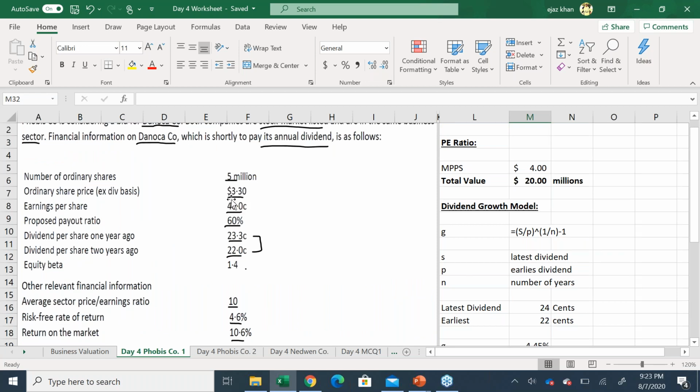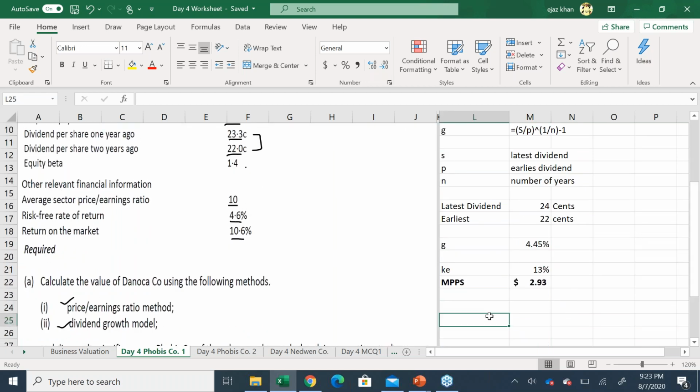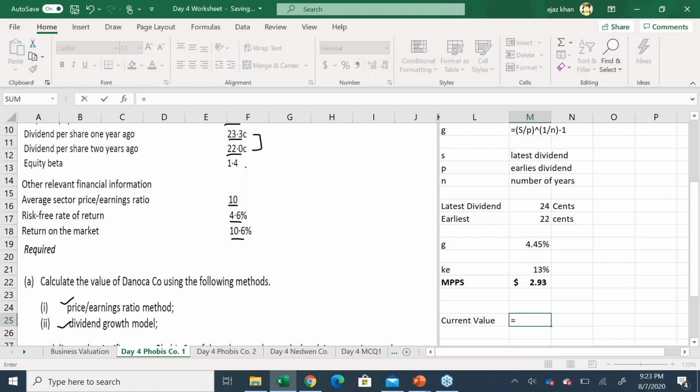So let's calculate its current value as well, which is prevailing in the stock market. We already have a value. That's why the question is, if a company already has a value, then what's the importance of these two theoretical values? 3.3 into 5, 16.5 million.